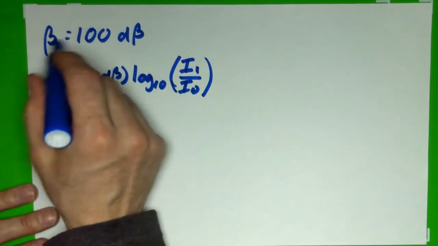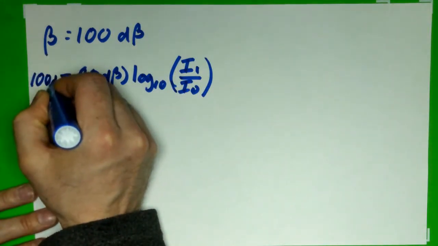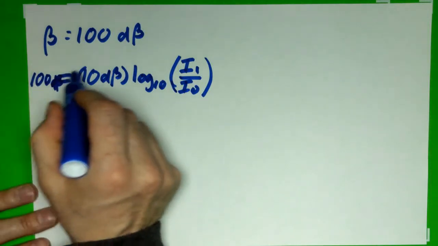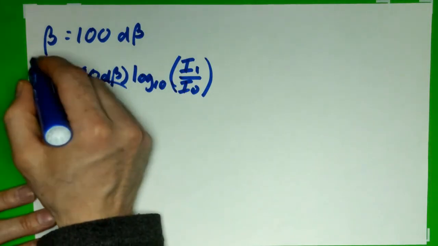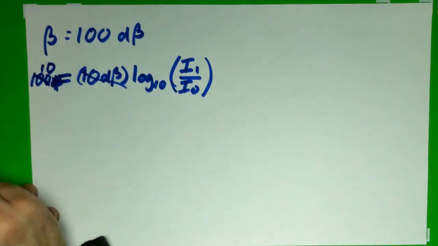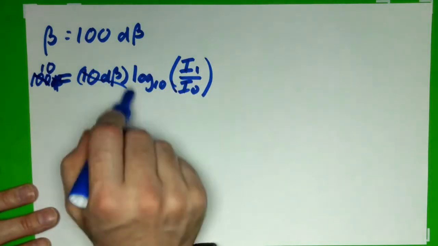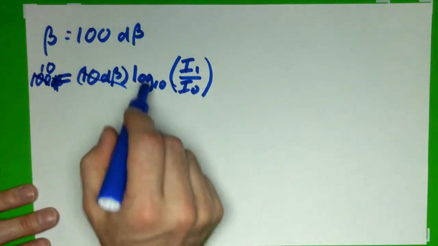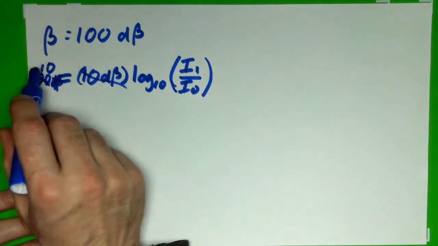This equals 100 decibels. I can cancel the decibels out and divide by 10, and I've gotten rid of my units, which is good because this is unitless. So I have log base 10 of I1 over I0 equals 10.